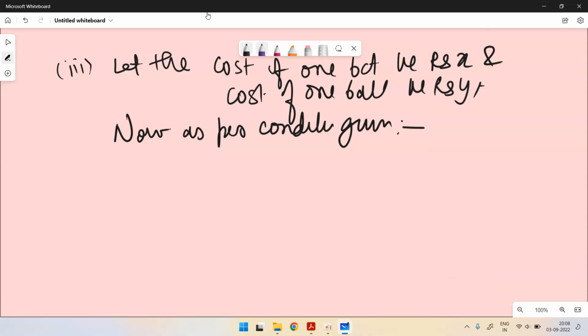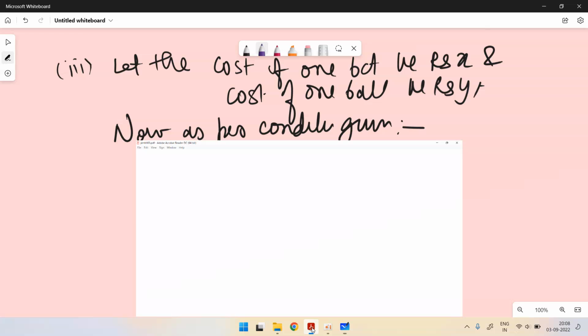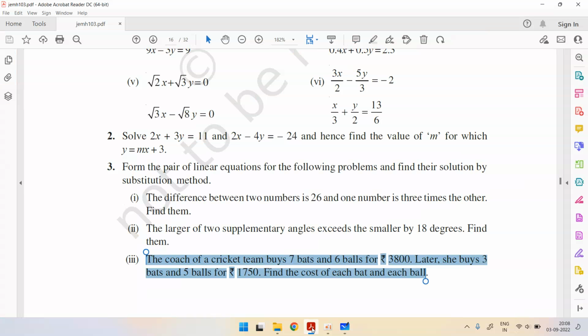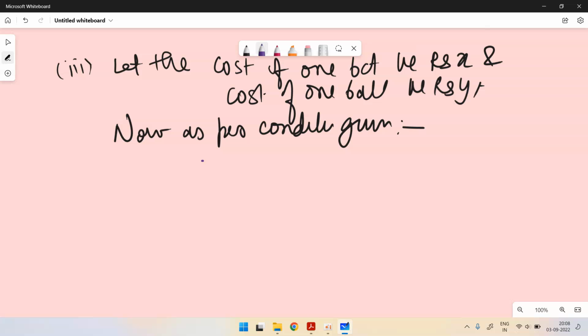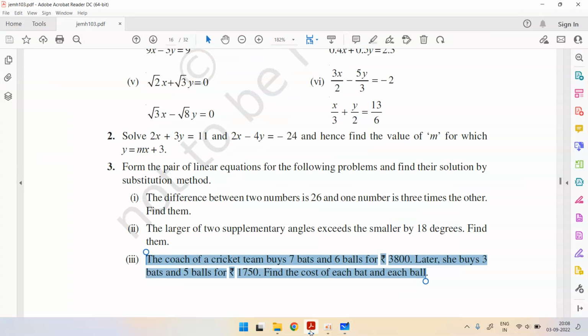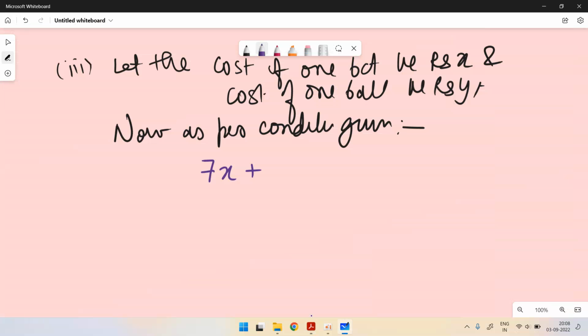What you can write as the first condition is that the coach buys 7 bats and 6 balls for rupees 3800. The cost of one bat is x and one ball is y, so 7 bats is 7 into x, and 6 balls is 6 into y, and the total amount is 3800.